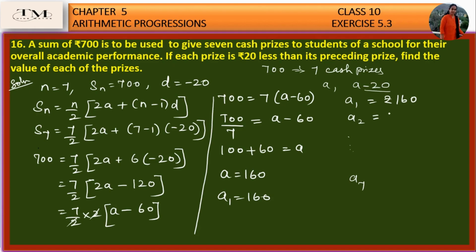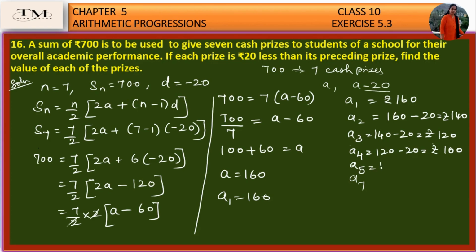What is a2? a2 is nothing but 160 minus 20, which is 140. a3 is equal to 140 minus 20, which is 120 rupees. a4 equal to 120 minus 20, which is 100 rupees. a5 equal to 100 minus 20, which is 80 rupees. a6 equal to 80 minus 20, which is 60 rupees, and a7 equal to 60 minus 20, which is equal to 40 rupees.